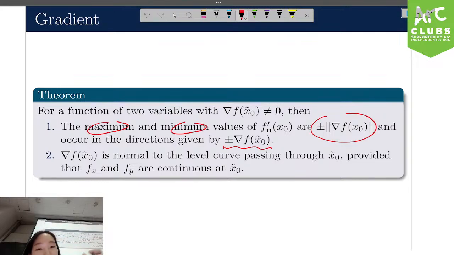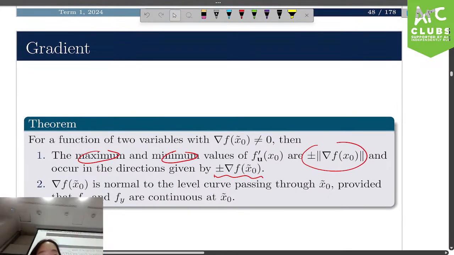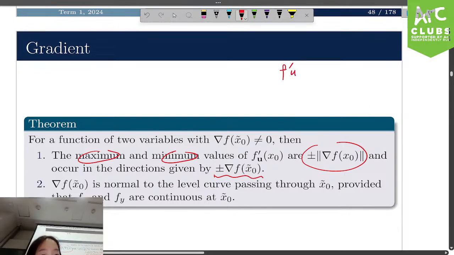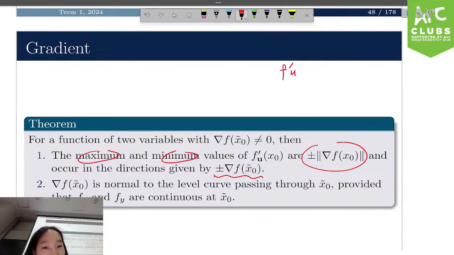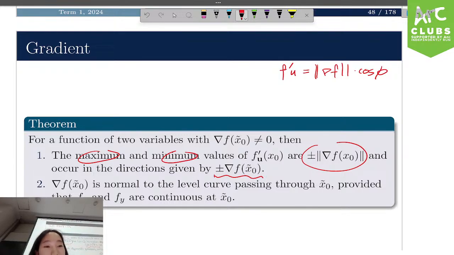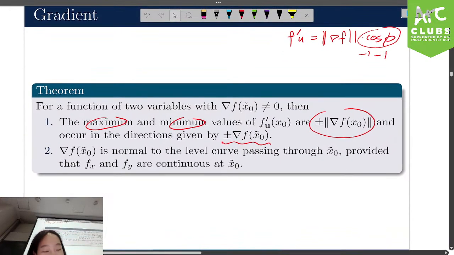This is very easy to prove because what we have is the derivative f_u, and we can say that's equal to nabla f times cosine phi, where phi is the relative angle to nabla f. So when we're looking for the maximum or minimum, cosine phi just ranges from -1 to 1. So it's either plus or minus. That's our maximum and minimum value. Okay, cool.